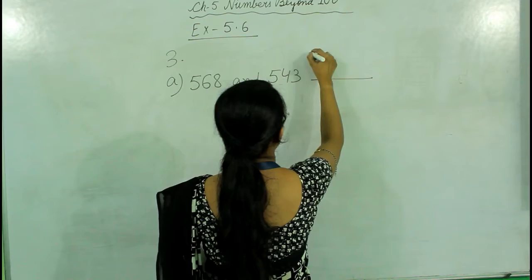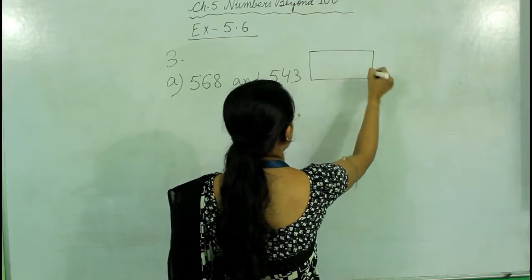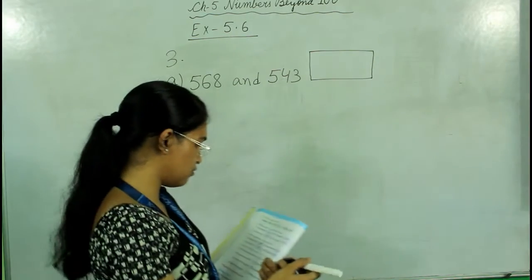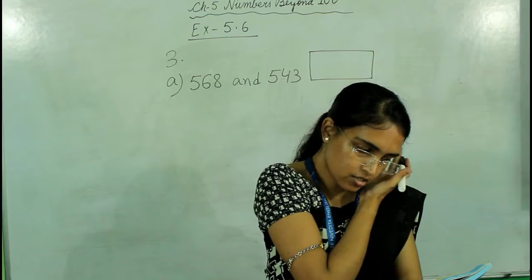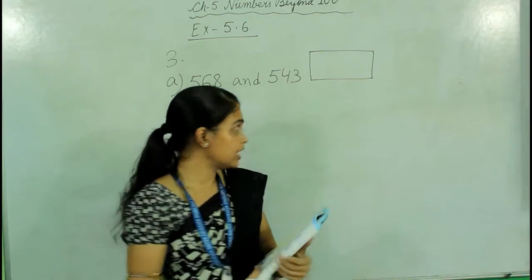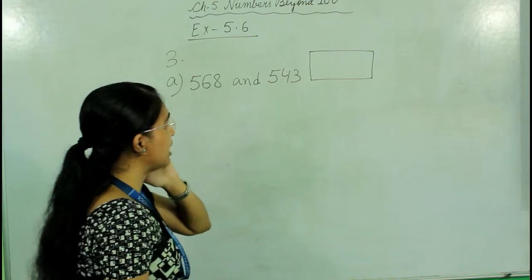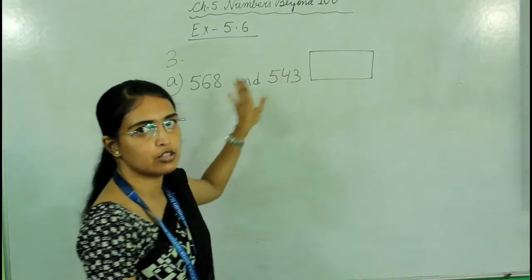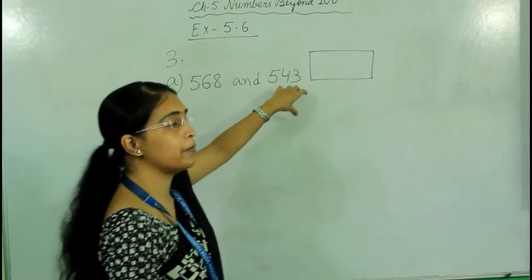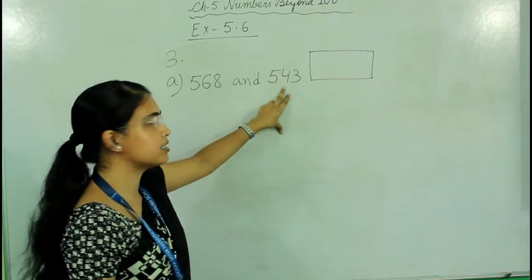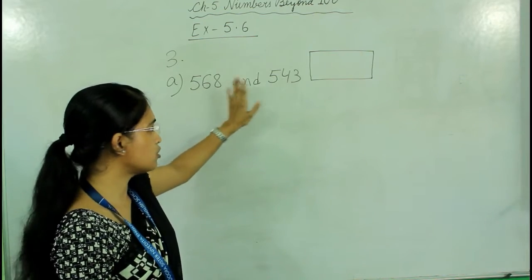And there is a box. So what we have to do is write the predecessor of the smaller number. So we have to first look at these two numbers. Then we have to find out which one is the smaller number. Then we have to write the predecessor of the smaller number.